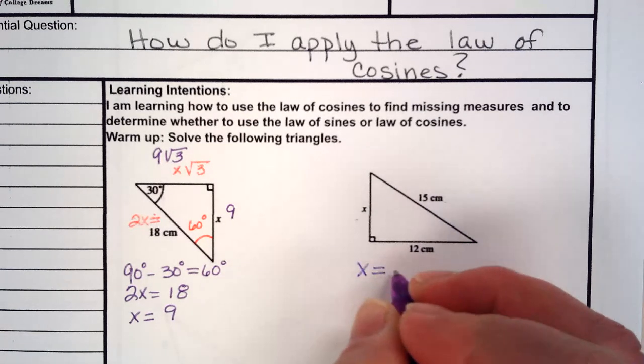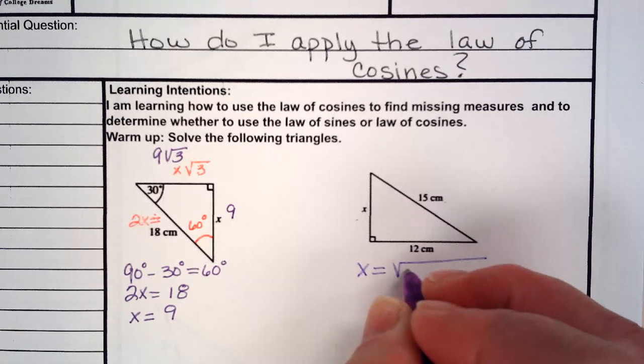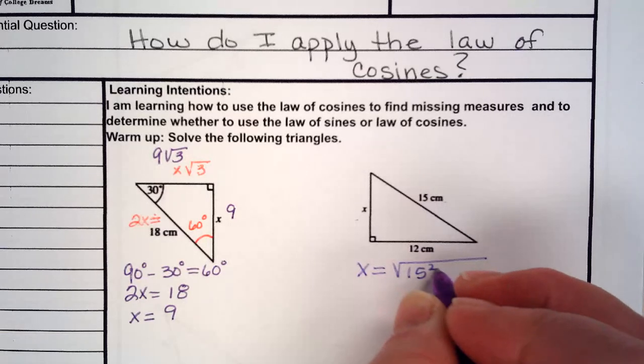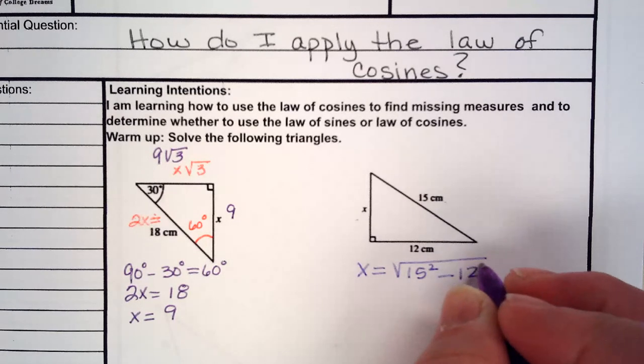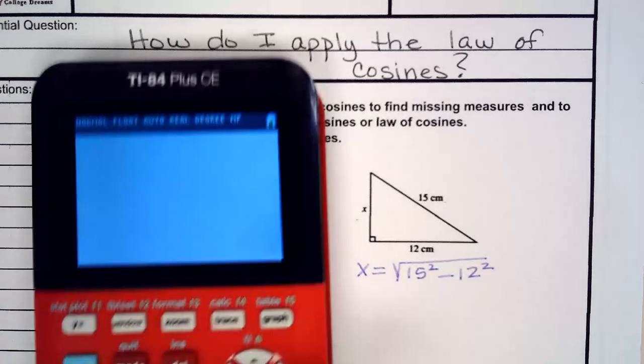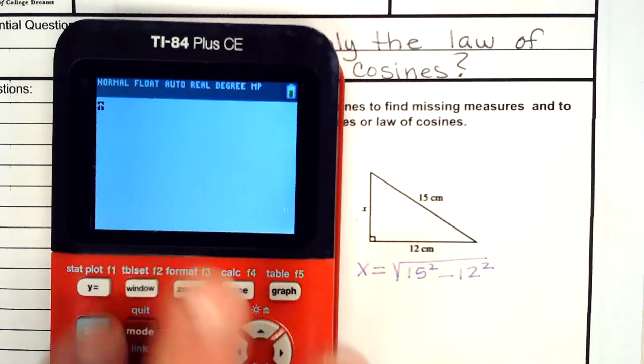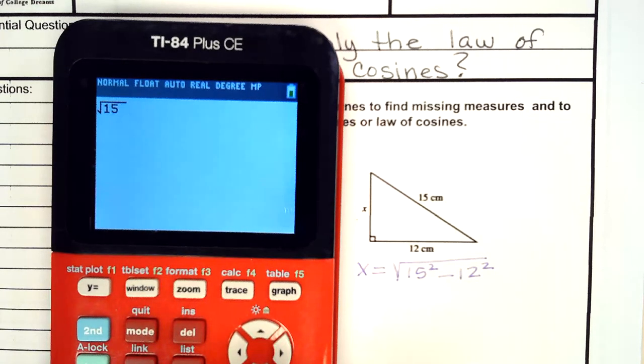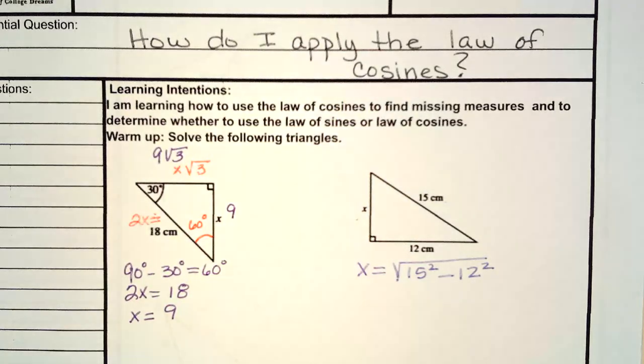So x will be equal to the square root of 15 squared minus 12 squared. If you've got the hypotenuse and are looking for a leg, you have to subtract. We end up with 9. X is equal to 9.